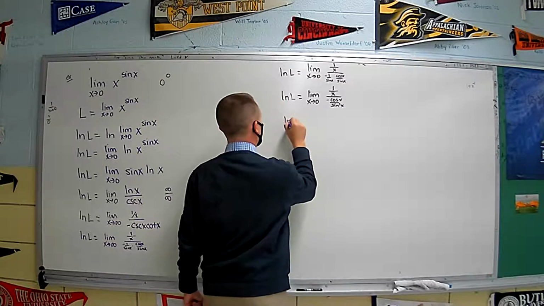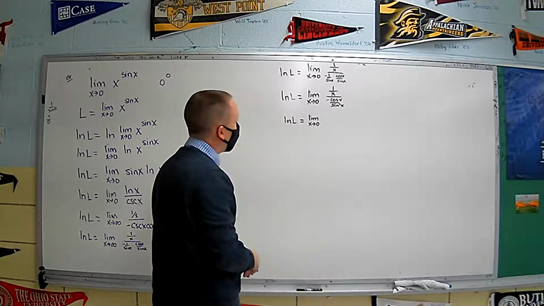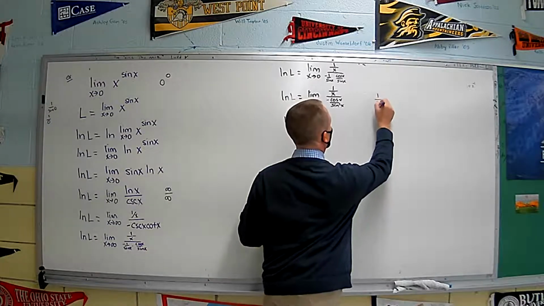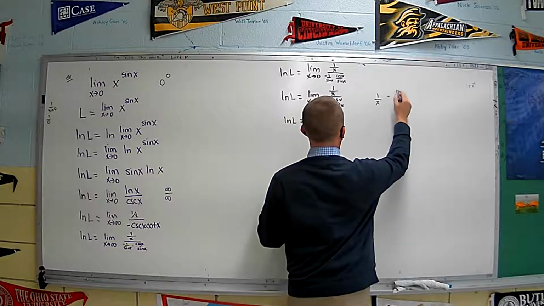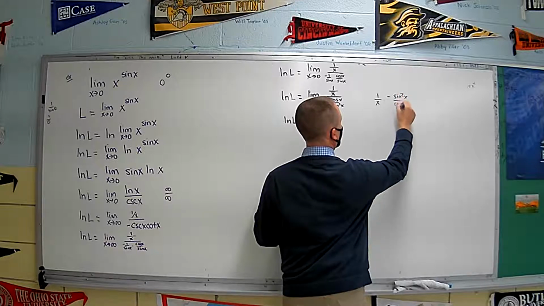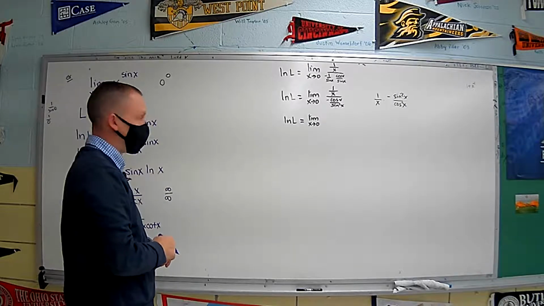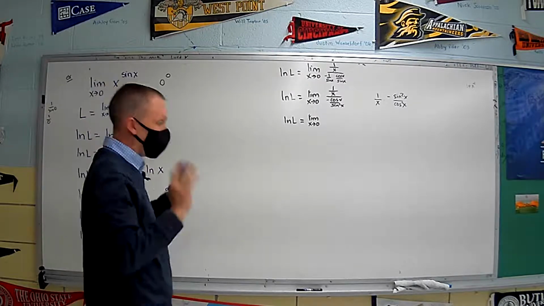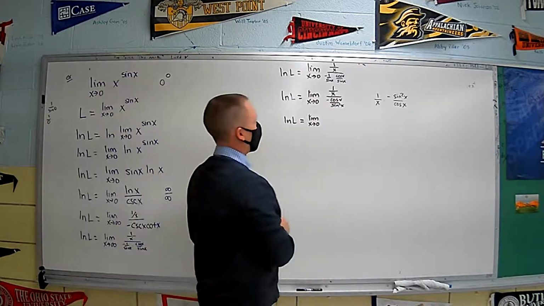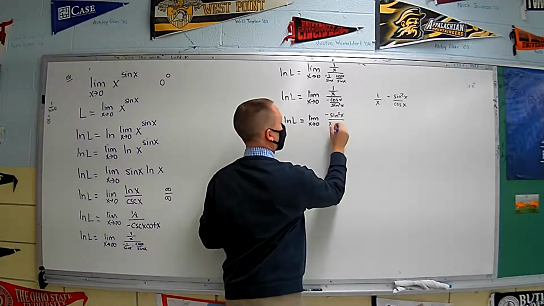And then realistically, that's the same thing as, if I do 1 over x times negative the reciprocal, right? So that'll be negative sine squared over cosine squared. Is that right? Oh, sorry, it's not. Thank you. Cosine's not squared. You're right. So that'll be negative sine squared of x over x cosine of x.